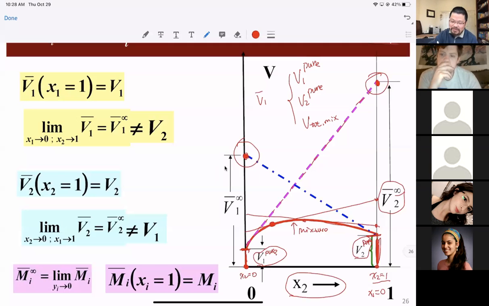Okay. So V1 partial, V2 partial, or V1 partial at infinity, V2 partial at infinity. Those are interesting stuff and relevant stuff to talk about the change upon mixing.